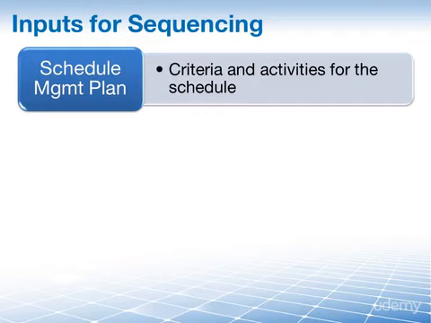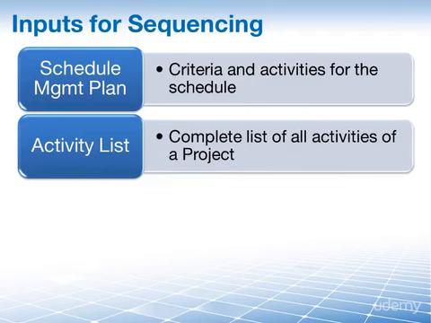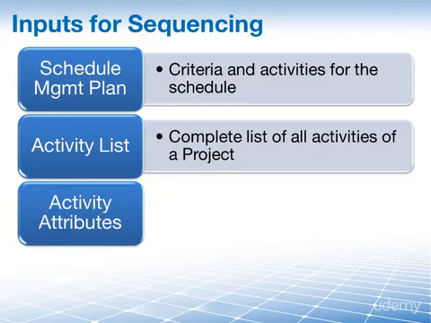Then the next 3 inputs that we have, they also come from a sister process. They come from define activities, and they are first of all the activity list. This is the complete list of all activities necessary to create our project deliverables. The activity attributes.